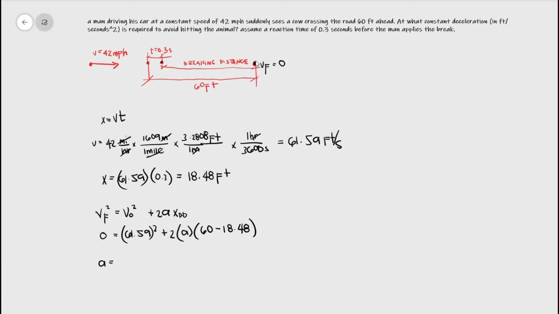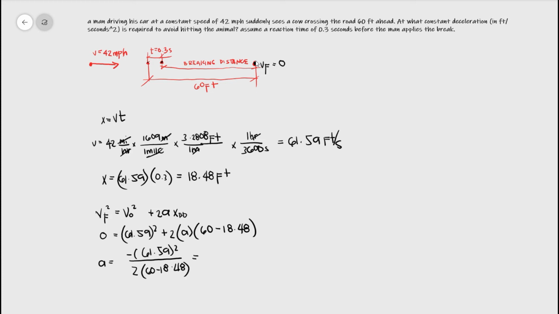Negative denotes that the car is slowing down. Therefore, we have a equals negative 61.59 squared all over 2 times the quantity 60 minus 18.48.